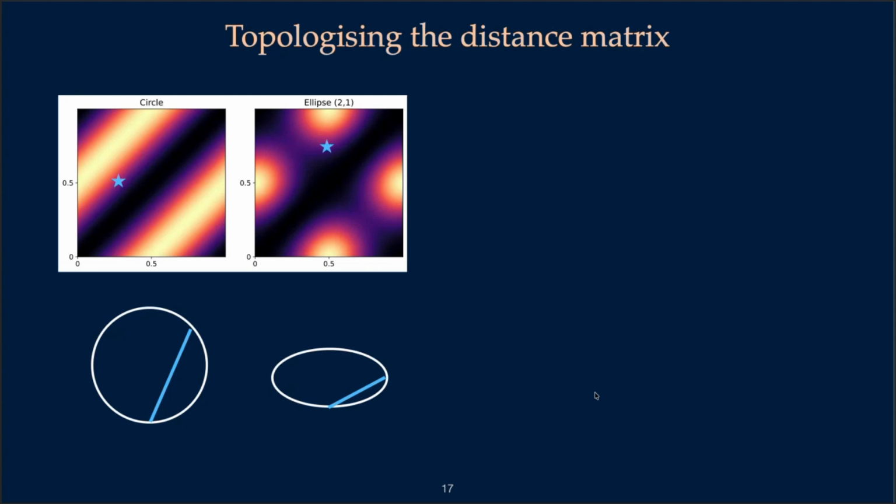So for every point along the circle, we'll take the pair and then compute the distance between those two points, and then we order them in the same way along the circle. So you can imagine I'm taking the distance of this bar, and then as I go along the x-axis, I'm changing this end of the bar along the circle, and along the other axis, I'm changing the other end of the bar.